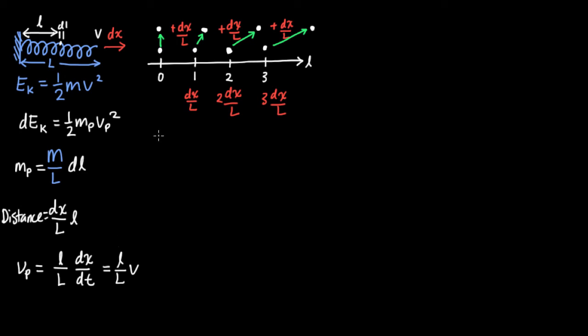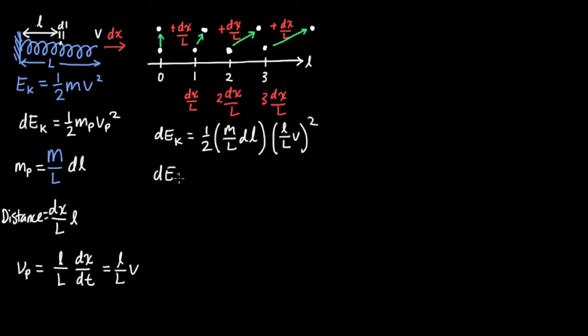Let's calculate the kinetic energy of a point, dE sub k, and that's equal to half times the mass of the point, that's m over L dl, times the speed of the point, and that's l over capital L times v, squared.